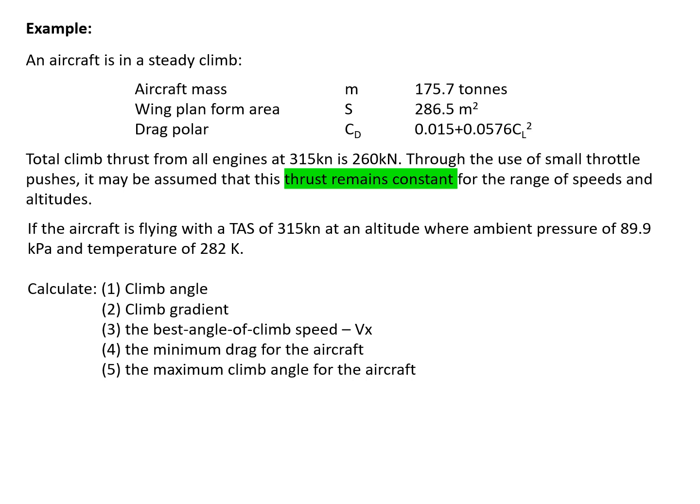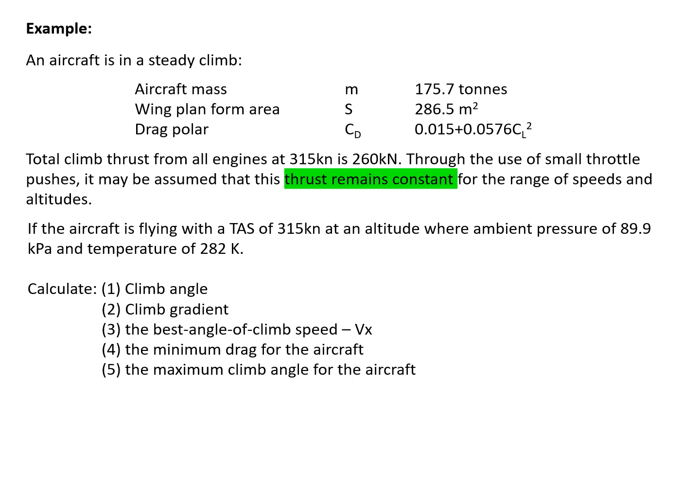The drag polar is CD equals 0.015 plus 0.0576 CL squared. This drag polar is actually comprised of the parasitic drag and the induced drag. 0.015 is the parasitic drag coefficient, and the second part is the induced drag coefficient, because it's related to lift generation, CL.